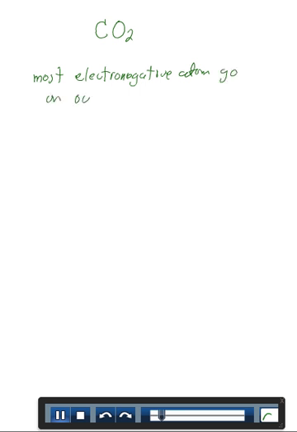So let's consider the carbon dioxide molecule. Now, another rule for Lewis dot structures is the most electronegative atoms go on the outside of the molecule.